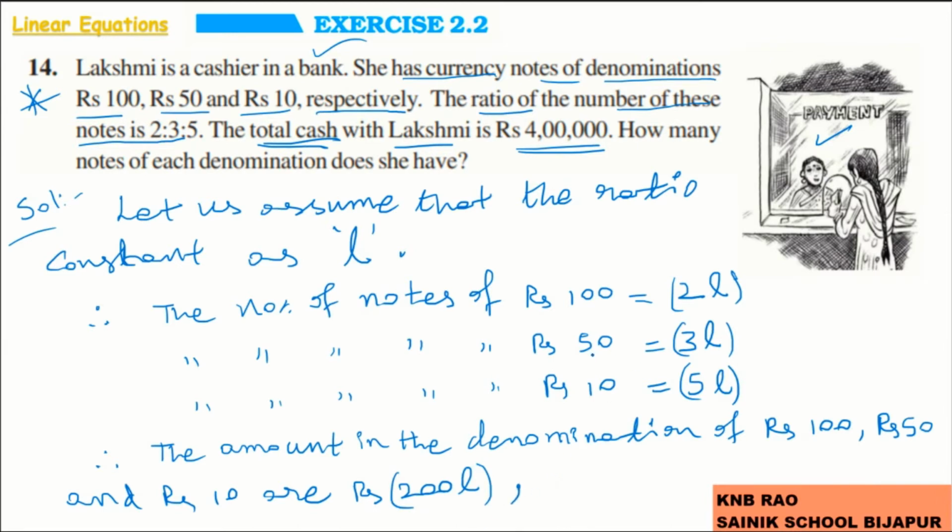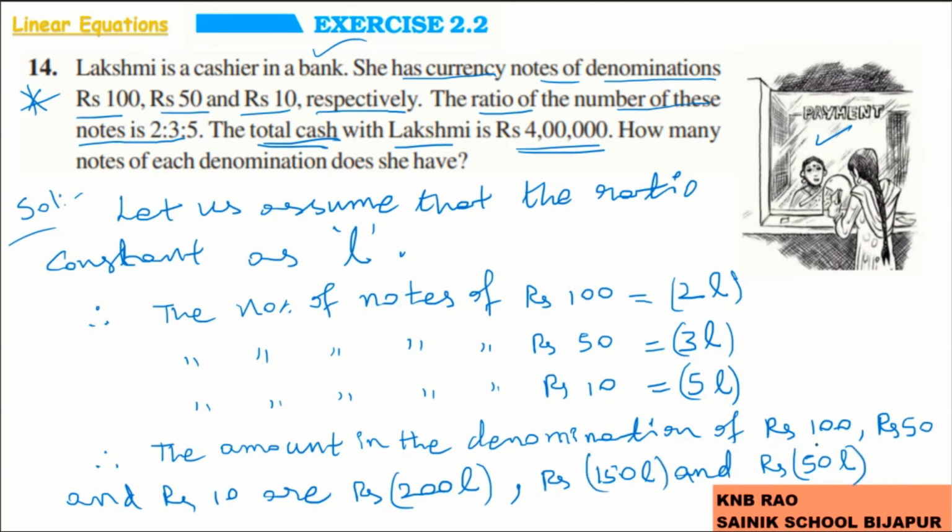Next, 50 rupees and number of notes 3L, their product gives you rupees 150L, which is in the denomination 50, and 10 rupee notes of number 5L, their product gives you the money in 10 rupee notes, that is 50L.